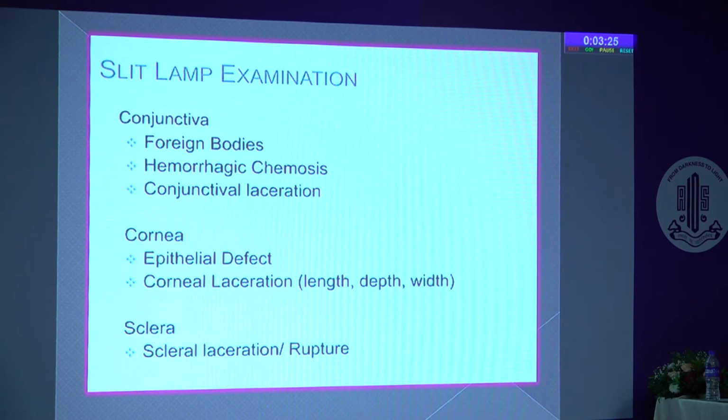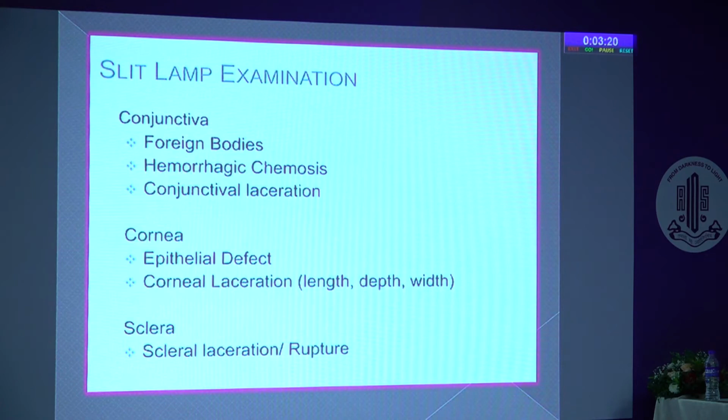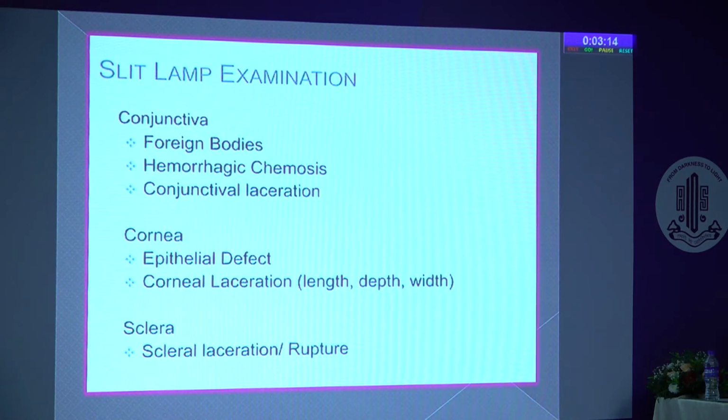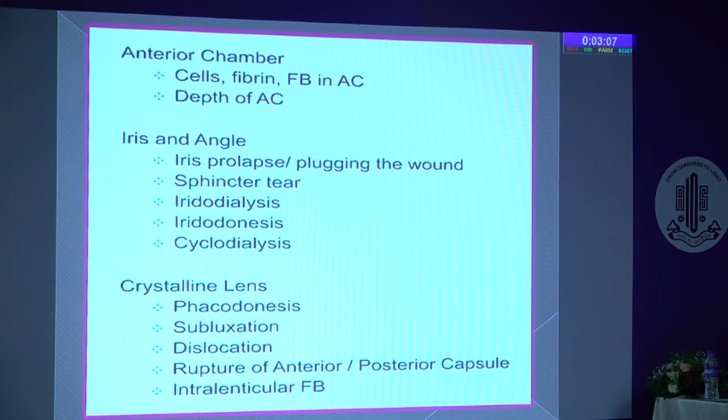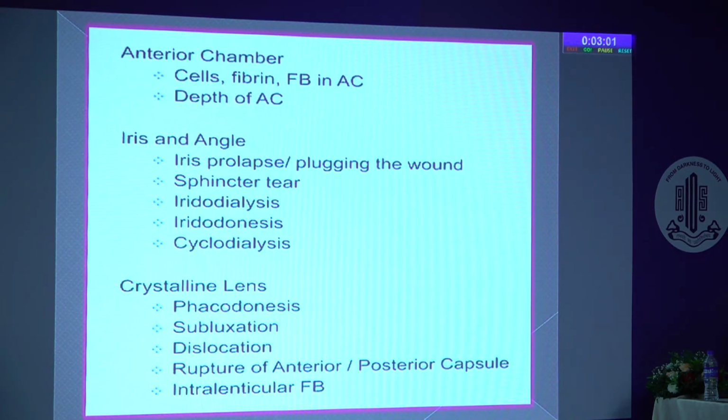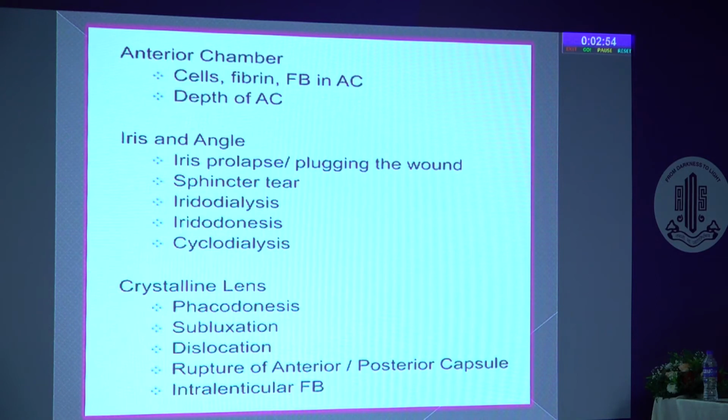And whenever we find any corneal perforation, then try to make a diagram, a handmade diagram if possible, of the length, depth or width of the injury. Sclera, again laceration and rupture both. Anterior chamber, apart from the normal things, look for a foreign body if you are expecting something like that. Same for the iris and angle: what is the type of wound, whether the iris is attached or not, any iridodialysis is there or not.